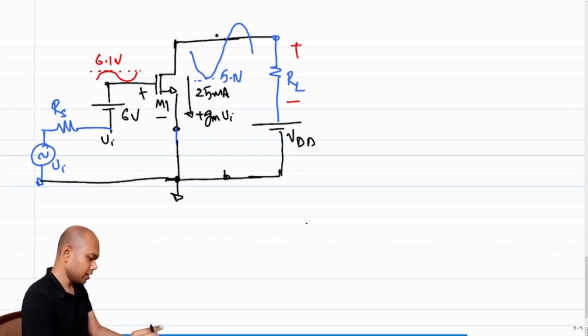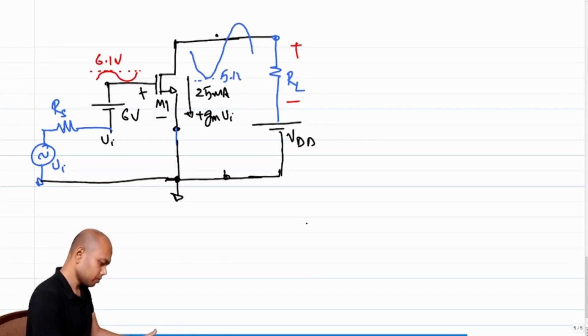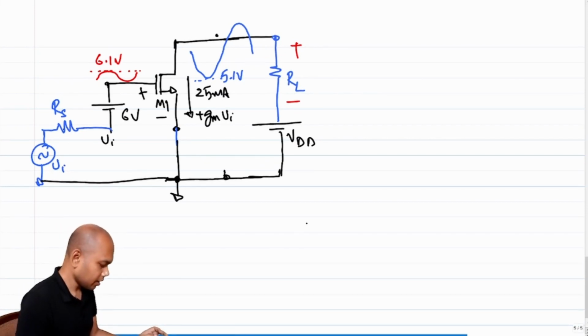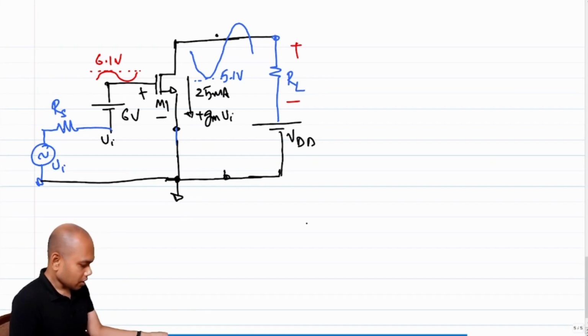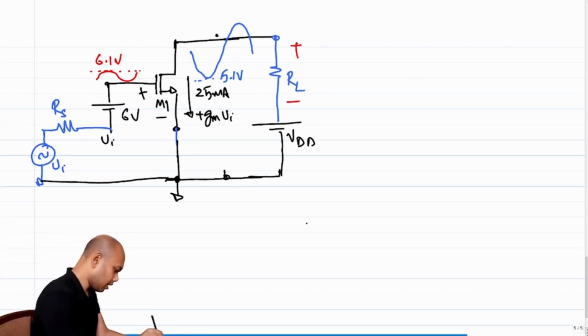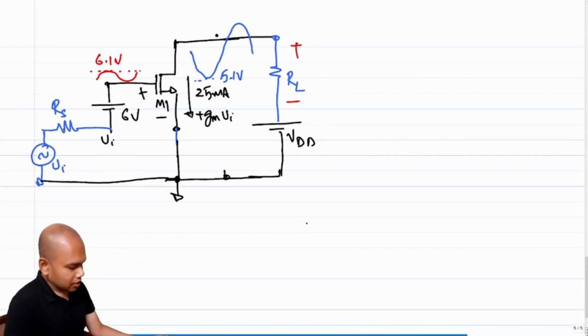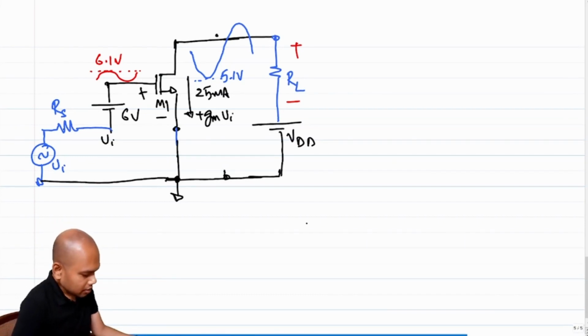So now the question is, are we all good, or is there any issue? One might ask, we took care of the condition when the input was rising, right?